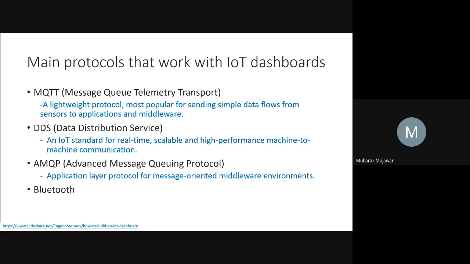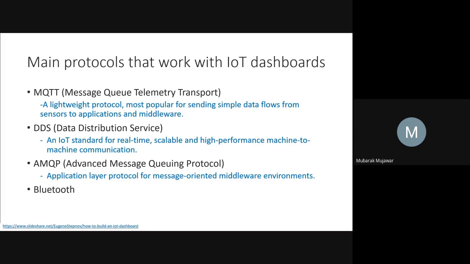The other one, which is a little complicated, a little heavy, is DDS or Data Distribution Service, for capturing real-time data. DDS is scalable and high performance for machine-to-machine communication. We can also use AMQP or Advanced Message Queuing Protocol. This protocol is essentially used as an application protocol layer for message-oriented middleware environments.